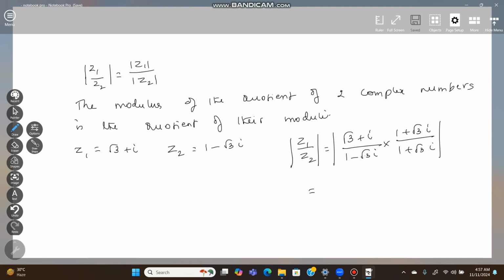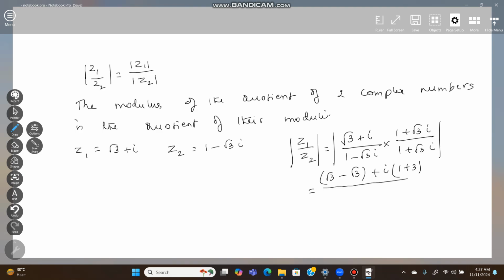As I have told you for the previous case also, to get the real part, I multiply real with real and imaginary with imaginary, which will give me root 3 into 1 minus, since it is i square, root 3. So the real part becomes 0. And for the imaginary part, it is imaginary into real, which is 1, plus real into imaginary, that is root 3 into root 3 i, which will become 3.